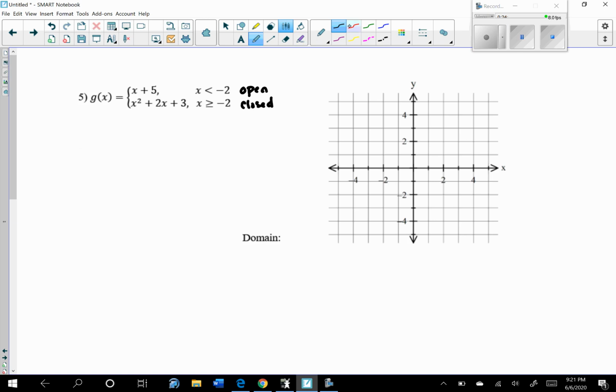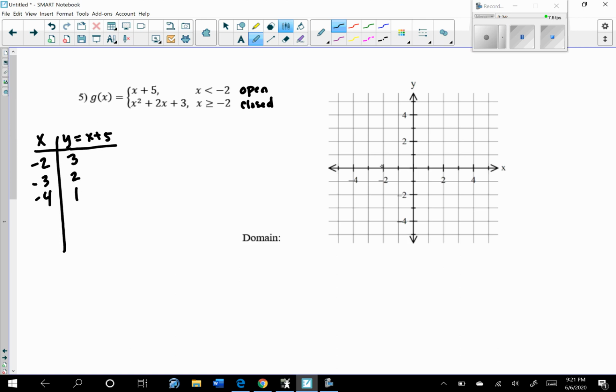And so for my top equation, it's linear. And I want values that are less than negative 2, so we're going to start with negative 2, and negative 3, negative 4, and plug it into that top equation. So when I do, I get 3, 2, and 1.